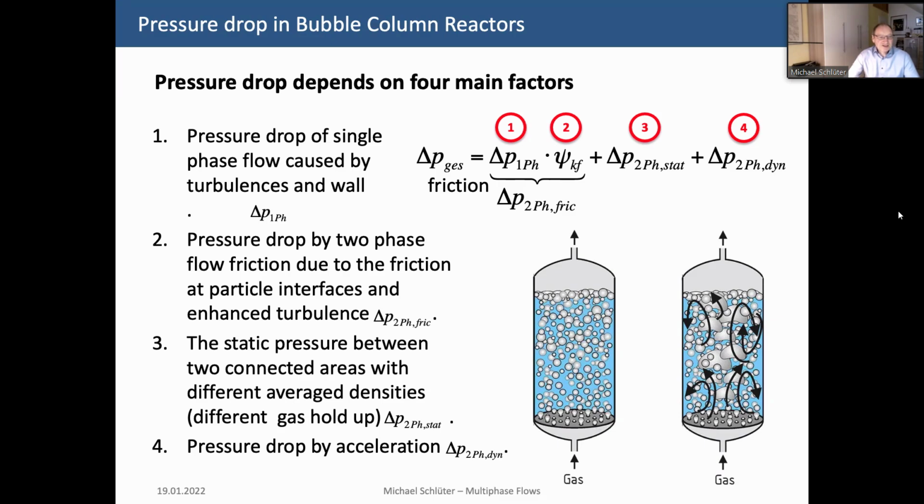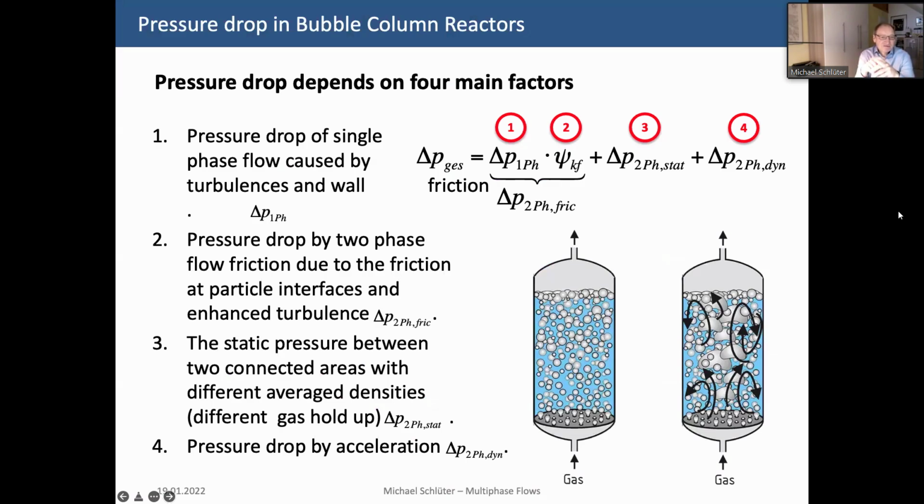And then we might have additional pressure drops in the bubble column. That is, for example, the friction. The bubbles have some friction, of course, with each other and with the liquid. And another point might be the dynamic pressure drop that comes from the expansion and the shrinking of the gas phase.